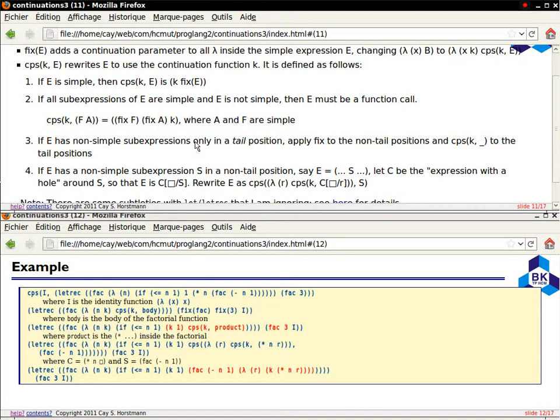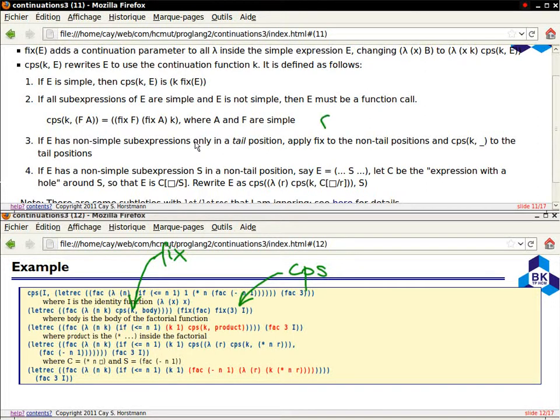So let's do this. So we said we apply CPS here. That's what you said, right? Yeah. And we apply fix over here. Okay. Well, let's do that. So we need to apply CPS to fact 3. Well, fact 3 is a function call.